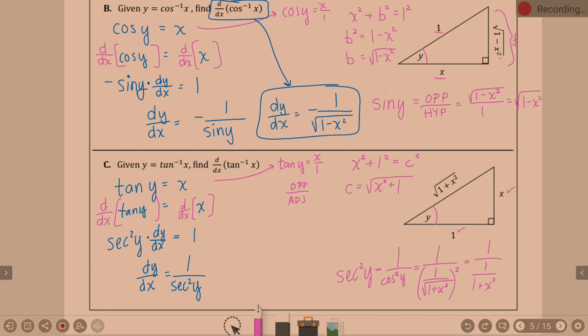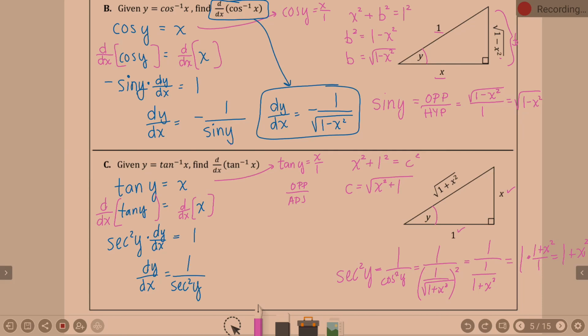So now I have 1 divided by 1 over 1 plus x squared, which is 1 divided by that fraction is 1 times the reciprocal, yes? So it's 1 times 1 plus x squared over 1. It's all just going to be 1 plus x squared.